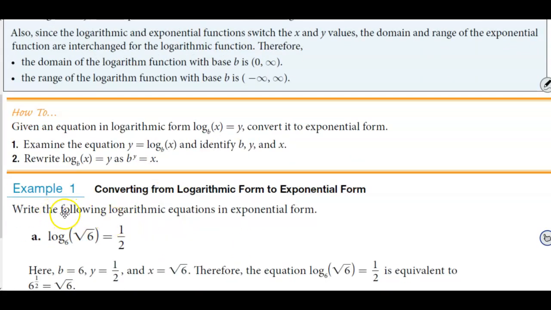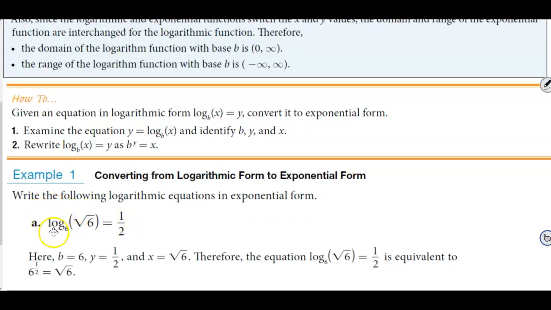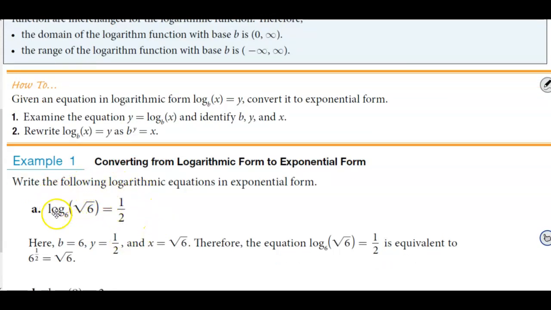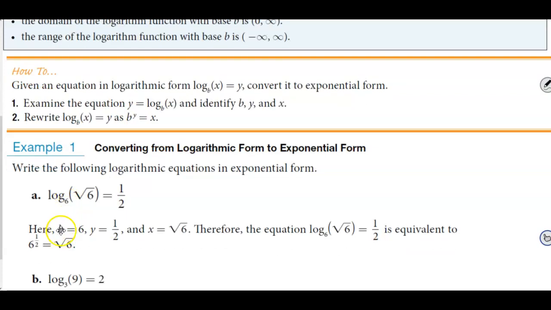So we're going to write the following logarithmic equations in exponential form. If we take a look at a, we have the log of base 6 of the square root of 6, which is equal to 1/2. So when we're looking at this particular equation, we're going to compare it to the general form of a logarithmic form. The value of b is the base, so b is going to equal 6.